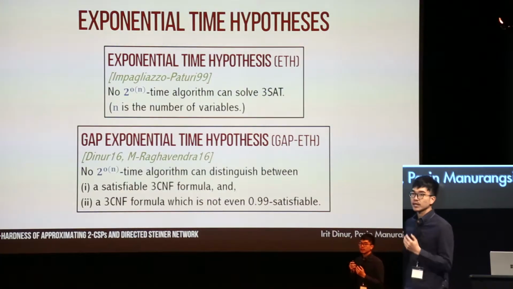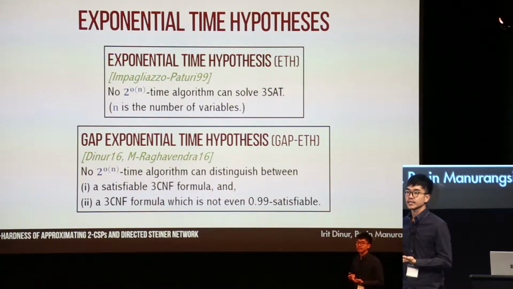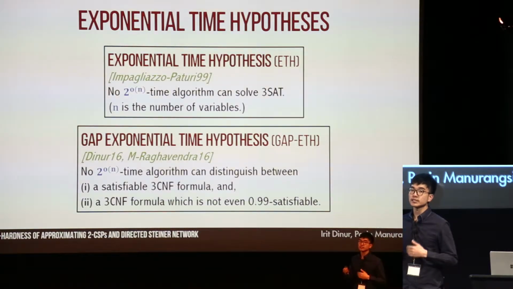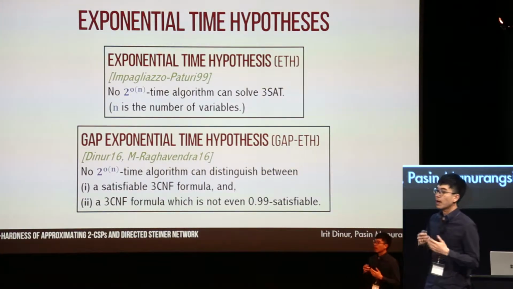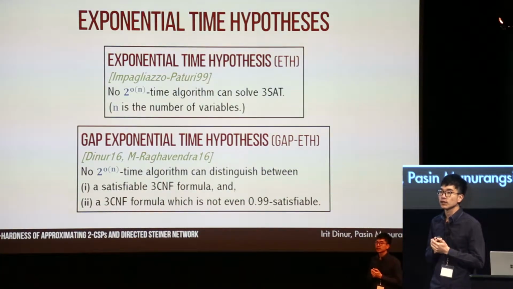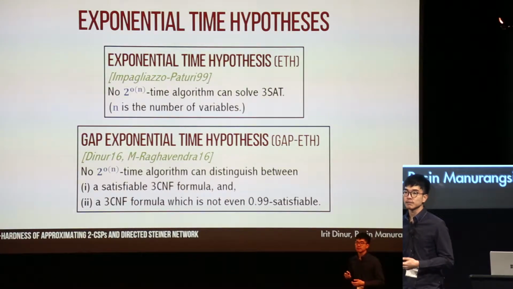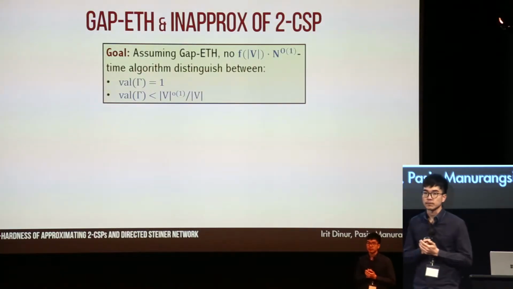The gap ETH hypothesis is a strengthening of ETH, where it says that not only can we not solve the exact version of 3SAT, but we cannot even solve the approximate version, where we want to distinguish the case where the formula is satisfiable from the case where it's not even 99% satisfiable. Our two hardness of approximation results actually use the same reduction, but with different parameter initialization. So let me focus on the gap ETH hardness result.